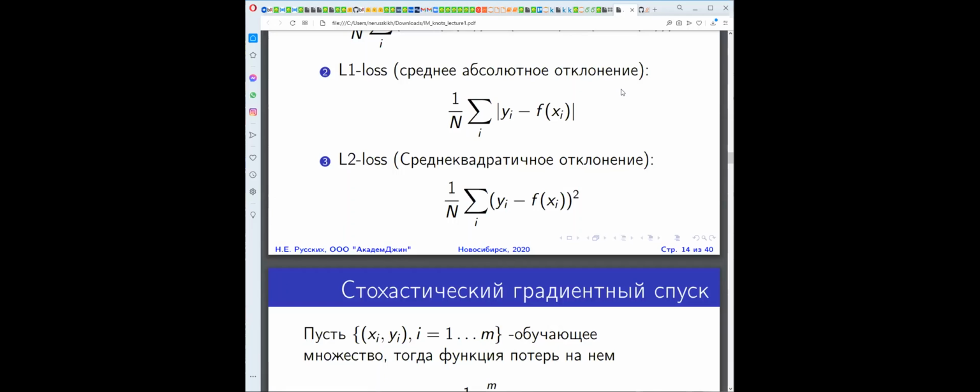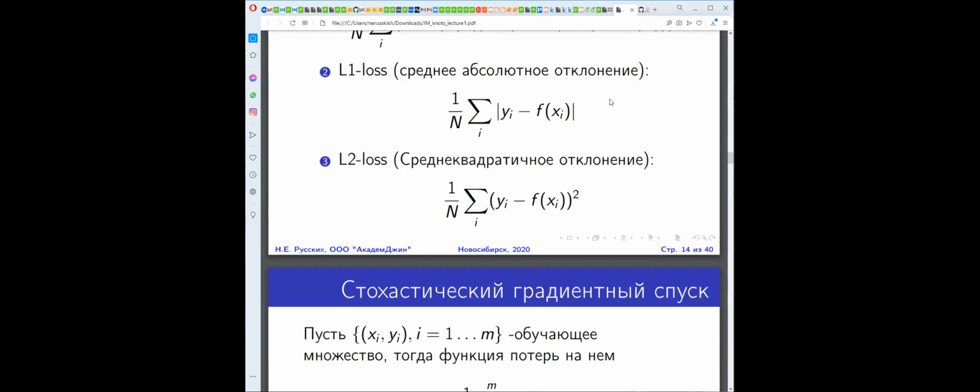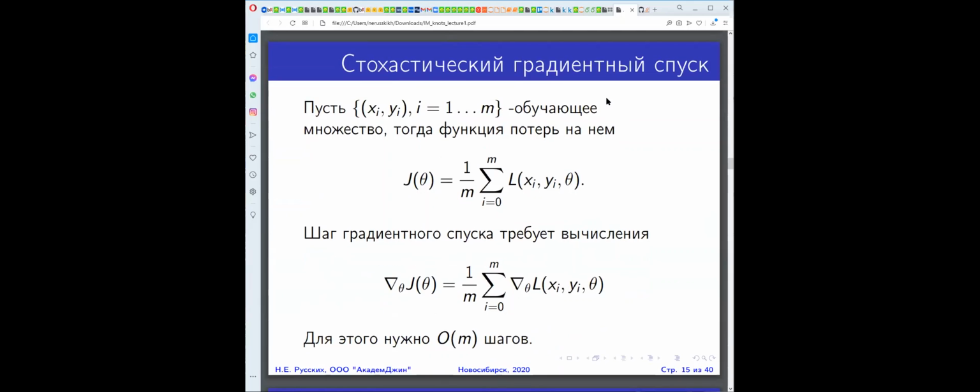But this list of loss functions is not complete, and these are just examples.